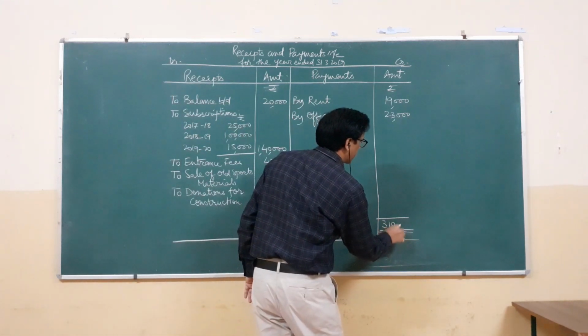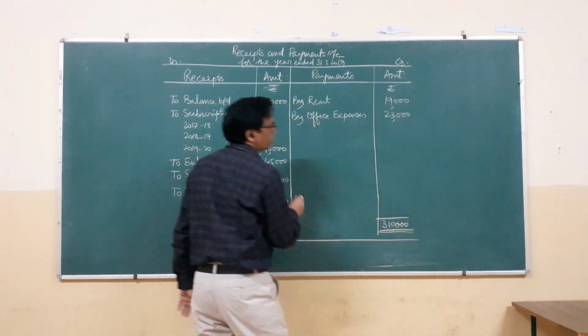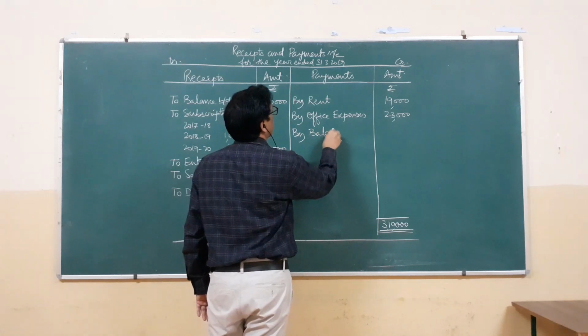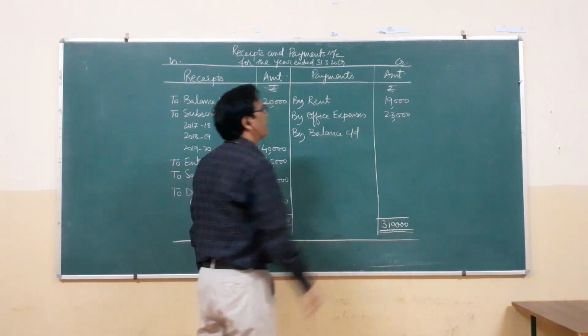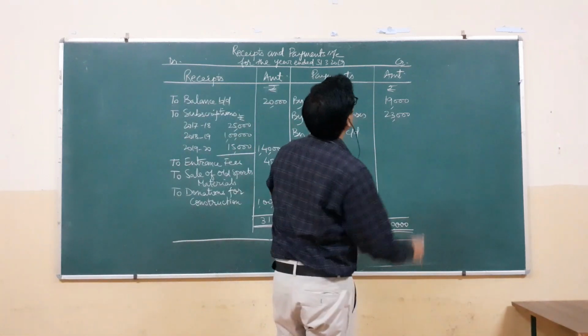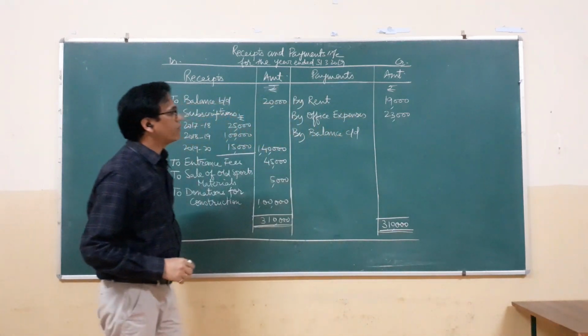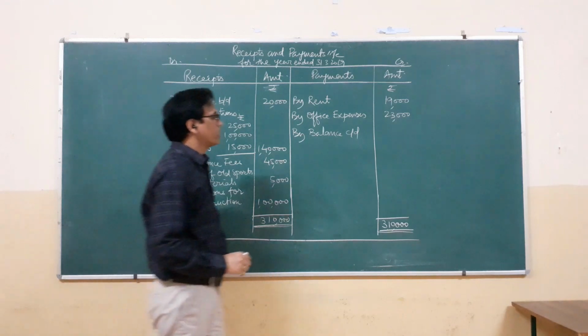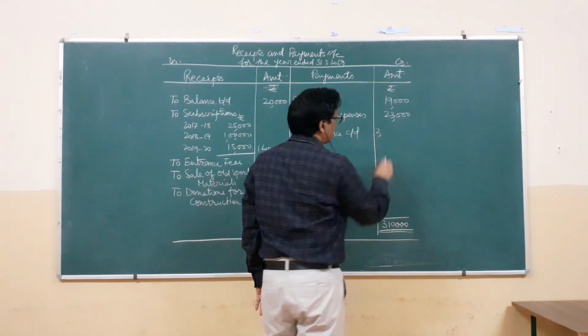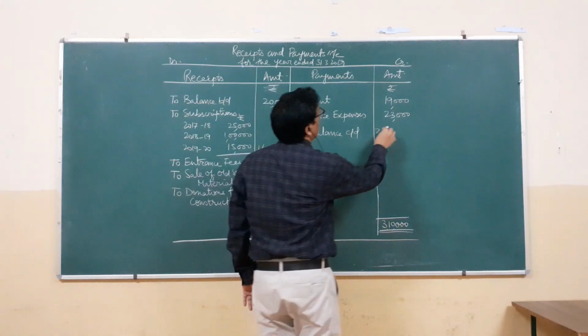When we subtract the total of payment side from the total of receipt side, then it comes our closing cash balance. We write it as balance carried down. 310,000 minus 19 plus 23. 23 plus 10, 33 plus 9, 42. When we subtract 42,000 here, then we get 268,000 rupees.